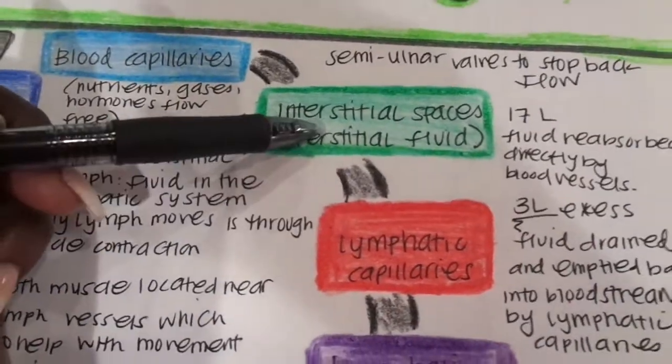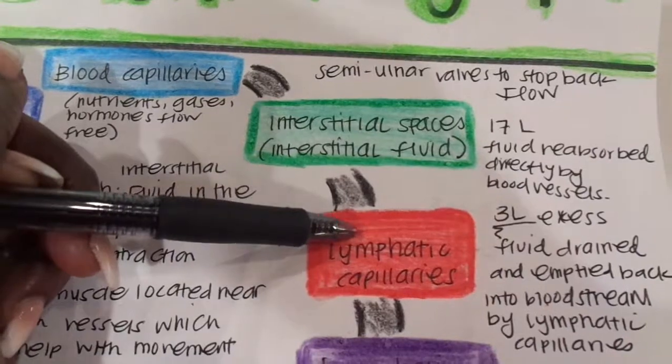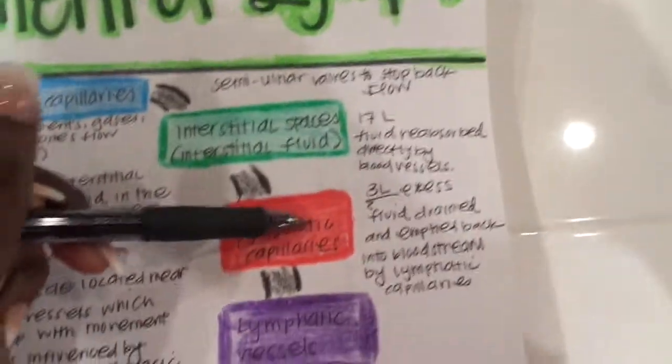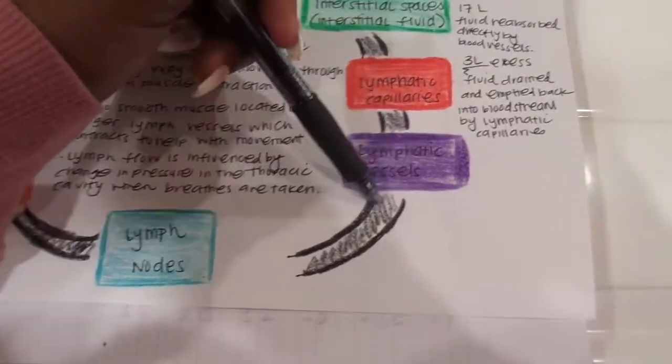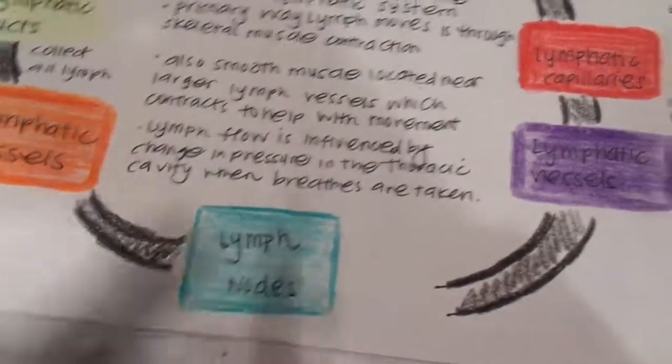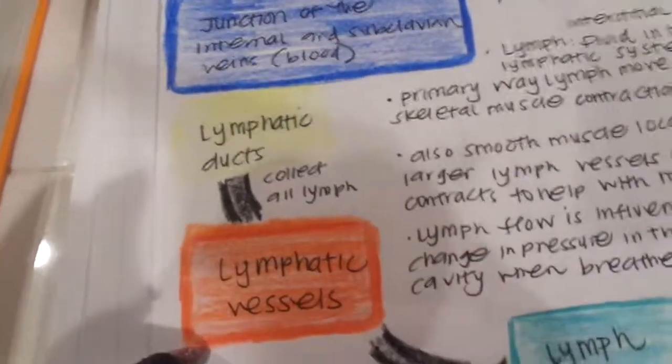So here we have the fluid enters into the lymphatic capillaries, and then from there into the vessels. And then from there, they go ahead and enter into the lymph nodes, then back into the lymphatic vessels.